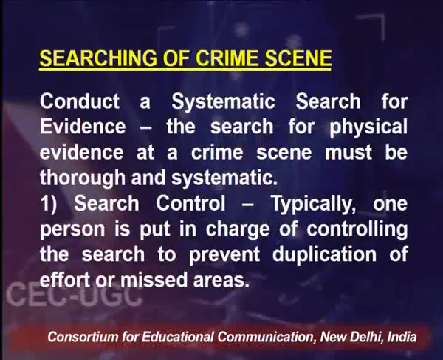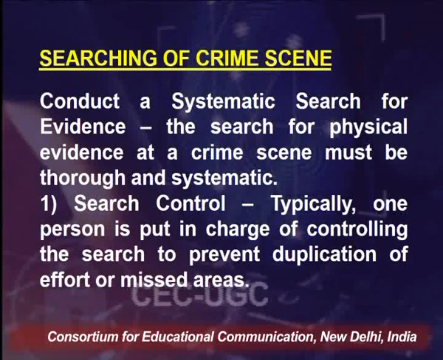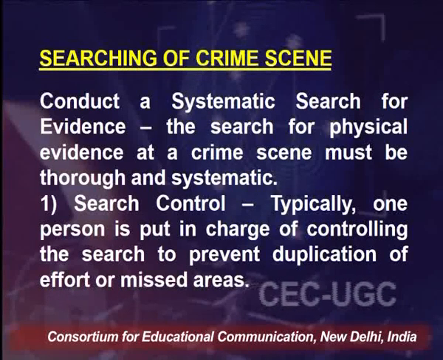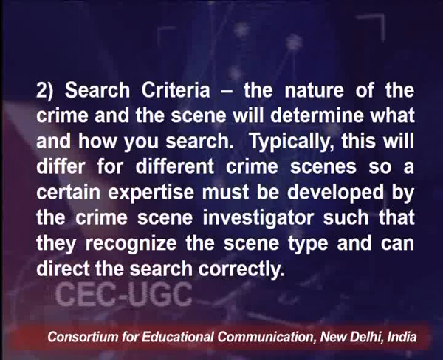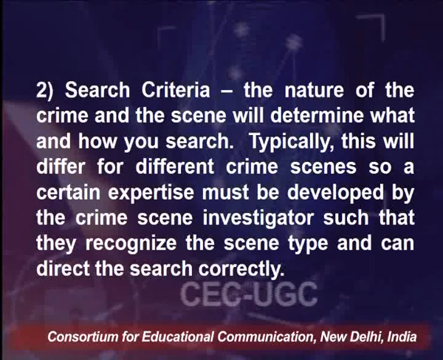Now, after the documentation of the crime scene, we have searching of the crime scene. A systematic search for evidence should be conducted at the crime scene. We have search control. One person should be held responsible to prevent duplication of effort or any missed areas. The search criteria should include the nature of the crime, and the scene will determine what and how you search.